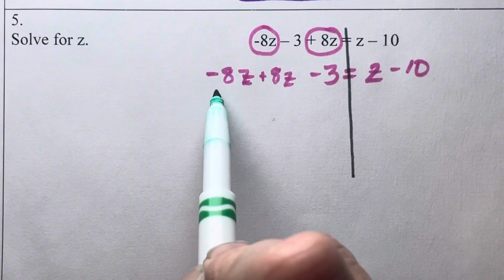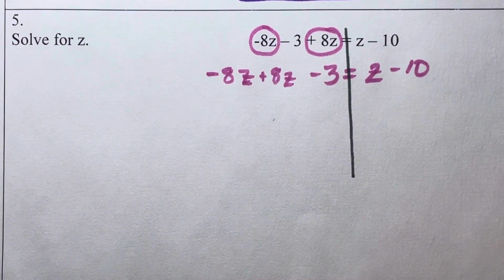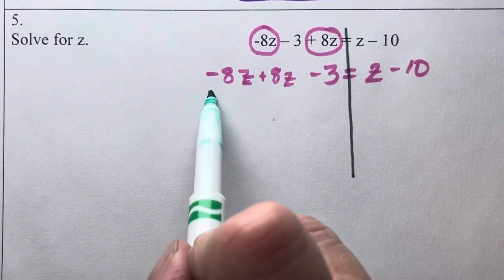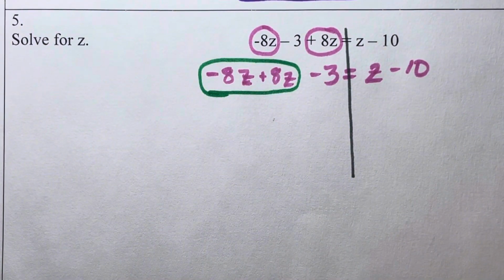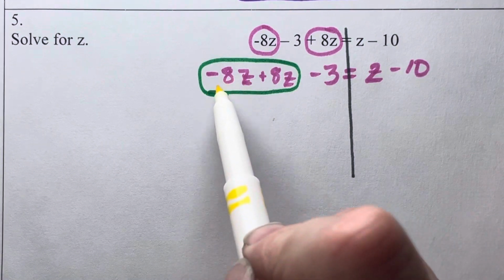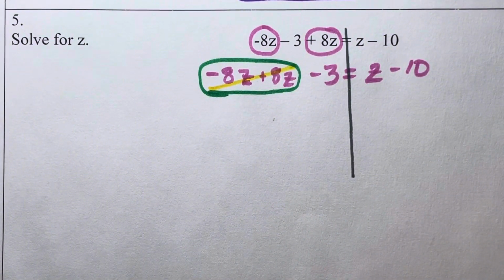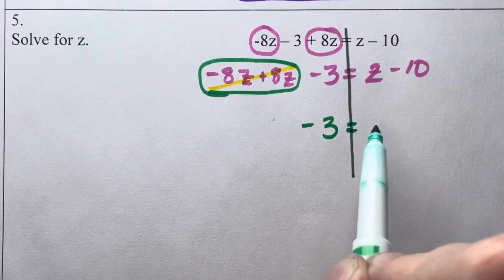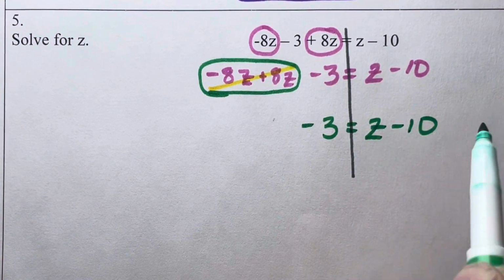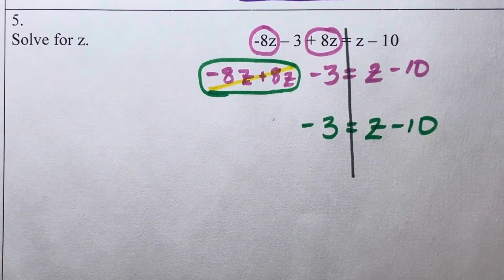So now we can see that when you combine the -8 plus 8, well, that cancels out, right? Because -8 plus 8 equals 0. So that was just kind of a fluke. As a result, you have -3 equals z minus 10. Oh, well, that's a very simple, very small little problem.